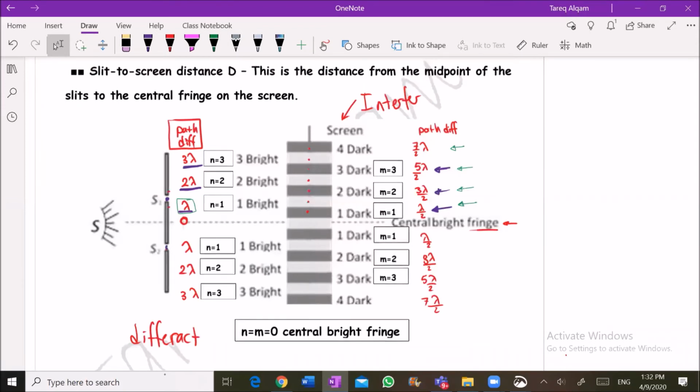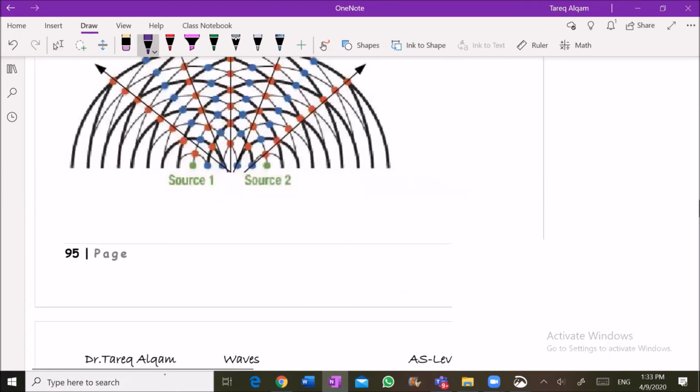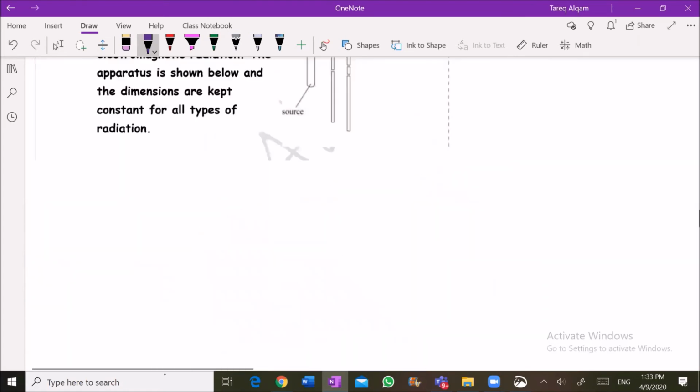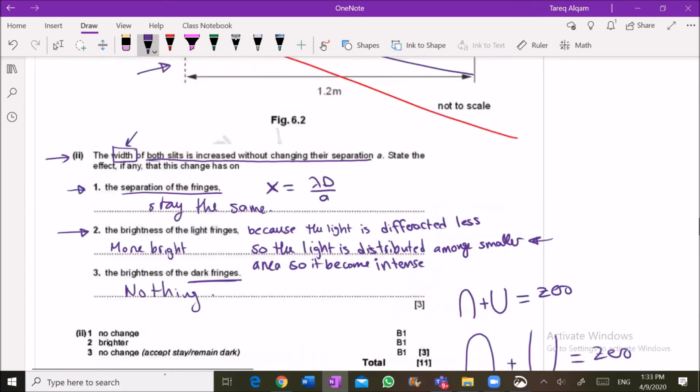Now let's look at the bright spots. How many bright spots will I see? The first maximum is at 1 lambda, the second maximum at 2 lambda, the third maximum at 3 lambda, then fourth, fifth, sixth. So how many maxima will I see? Yes, exactly, I will observe 6 maxima, because each maximum is at 1 lambda.